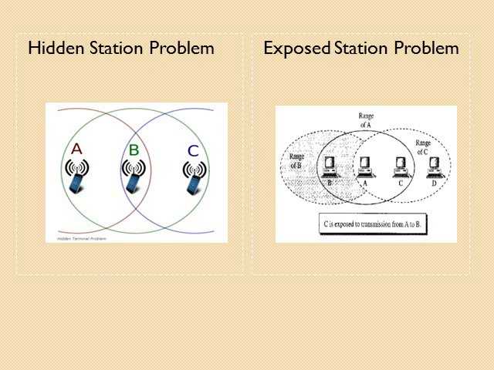Device C is exposed to the coverage area of A, as well as device B is exposed to the coverage area of A. So therefore, when C and D are communicating with each other, C gets signals from the device A as well.